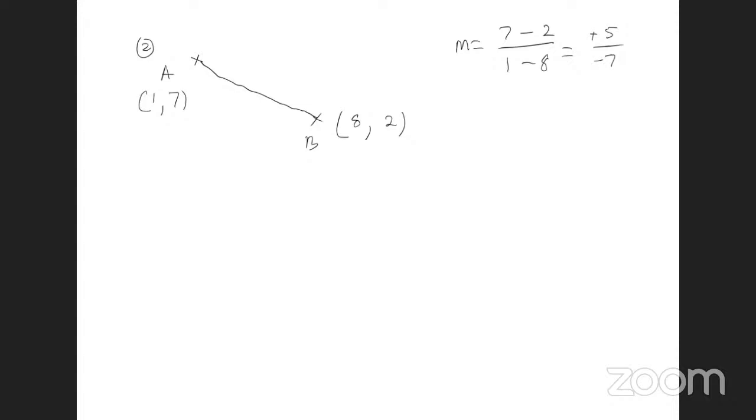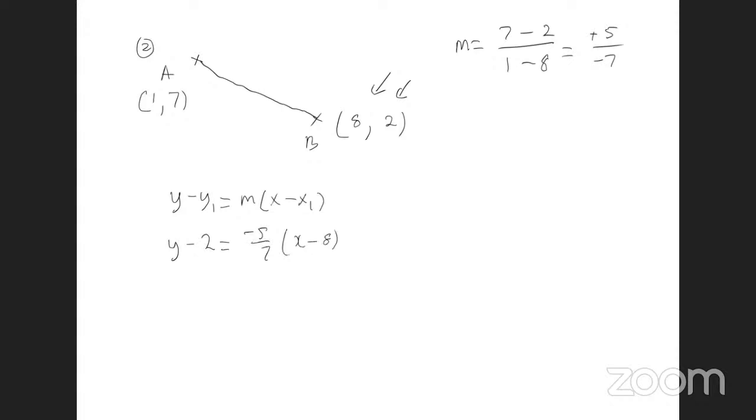Okay? And then we're going to use the formula y minus y1 is equal to m by x minus x1. Remember, I use this as my x1 and y1, right? So that's y minus 2 is minus 5 over 7 by x minus 8.